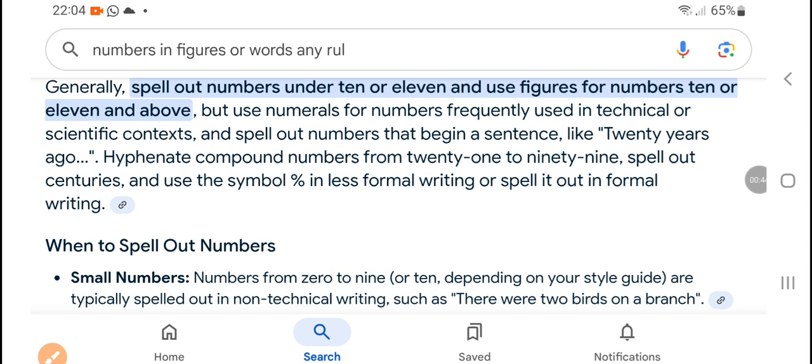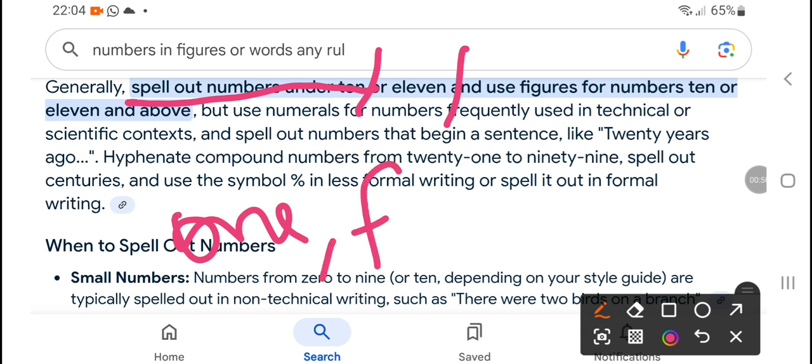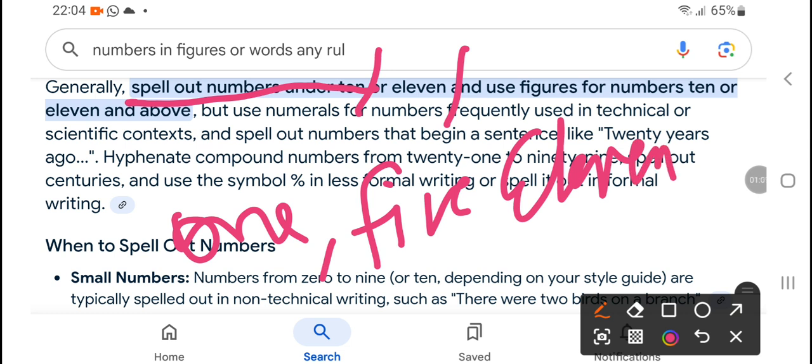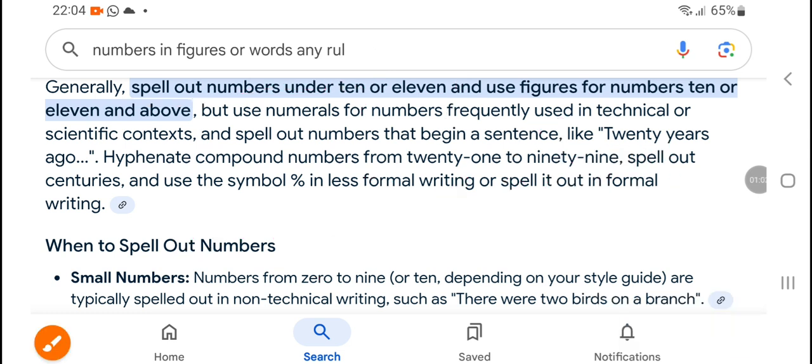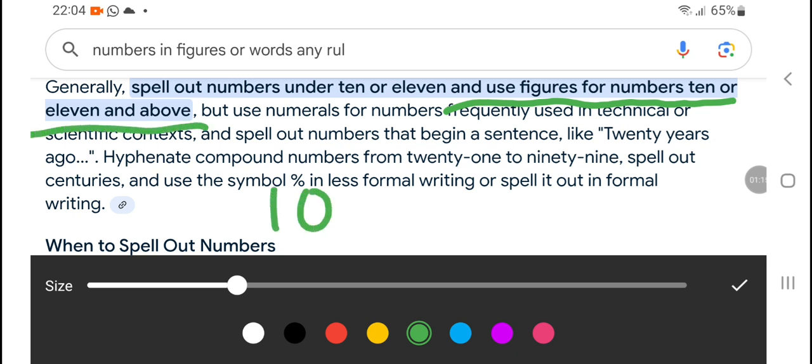So the rule says to spell out numbers under 10, or sometimes 11, like 1, 5, and use figures for numbers 10, 11 and above, like 10, 15, 21.